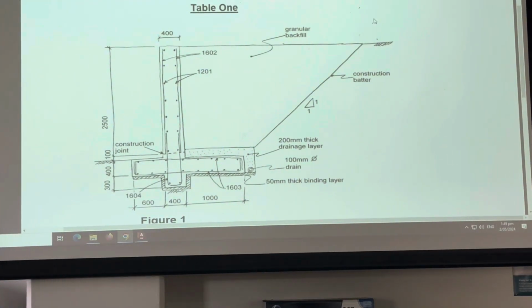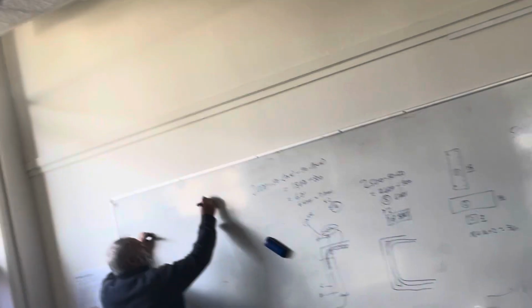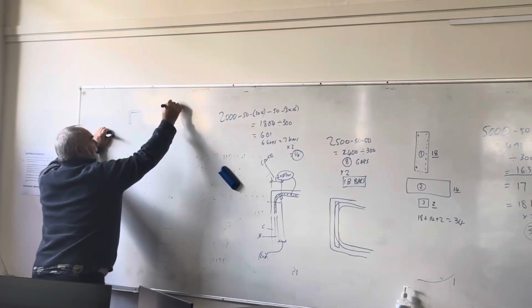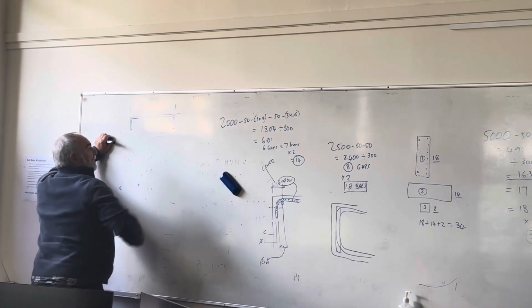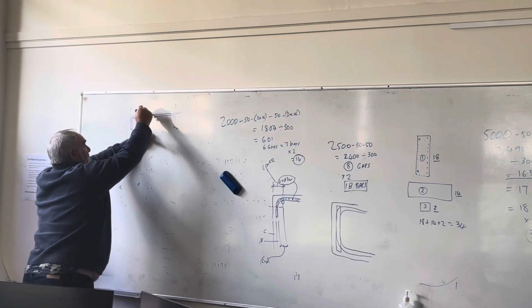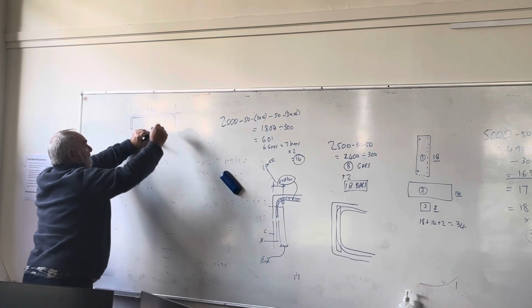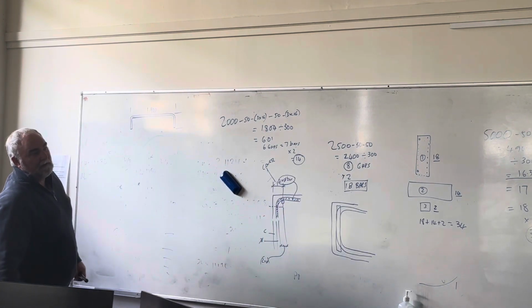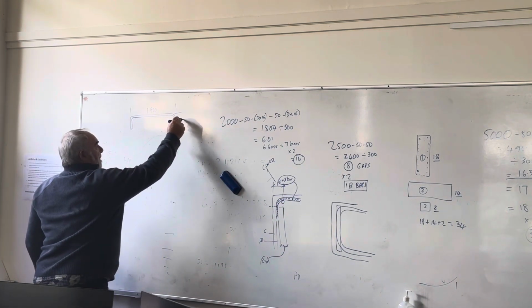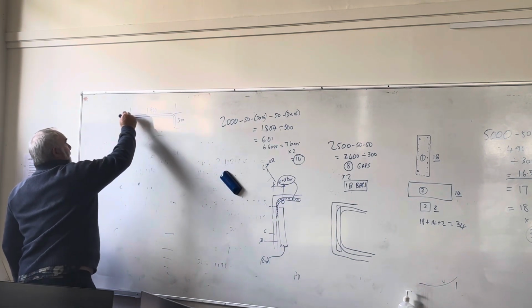So if we were to draw that bar, the height would be easy and the length would be easy. The length would be 2 meters minus 50 minus 50, so 1900, and the height would be 400 minus 50 minus 50, 300. Agree with that?